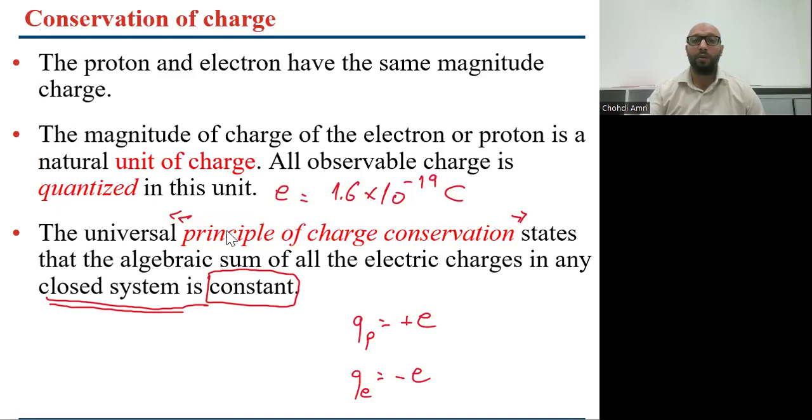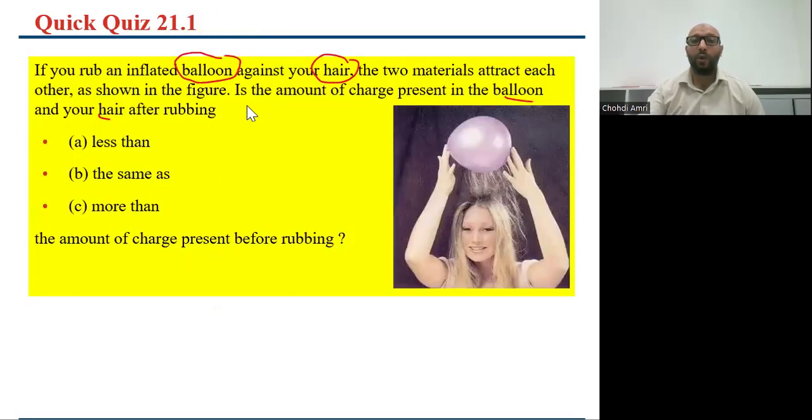Let's refer to the universal principle of charge conservation. We said that the algebraic sum of all electric charges in any closed system must be the same. Here our system is composed of the balloon and the hair. Is there any other particle interacting with these two materials?